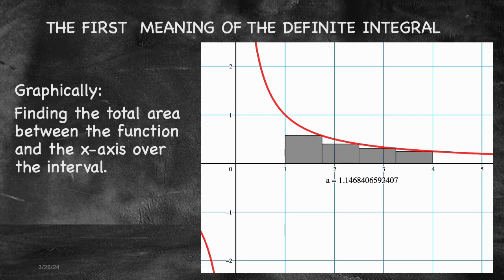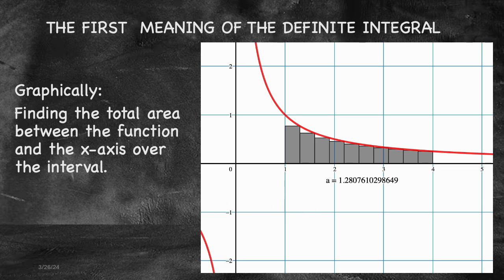So let's say I want to have 10 rectangles. Now you can see that the area in white that wouldn't be counted with the area of the rectangles has gotten smaller. So going from 3 rectangles to 10 rectangles made the area that we're estimating more accurate.